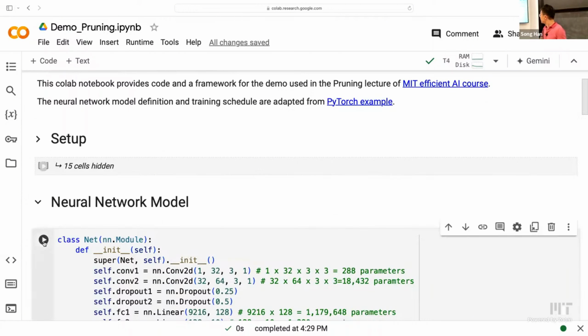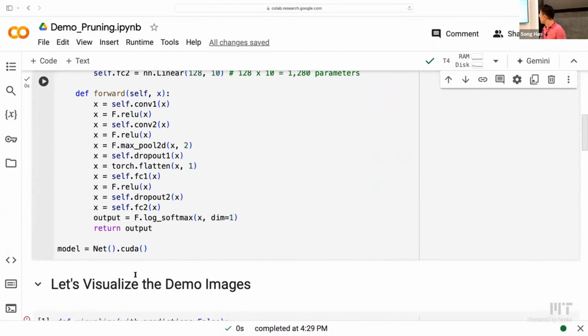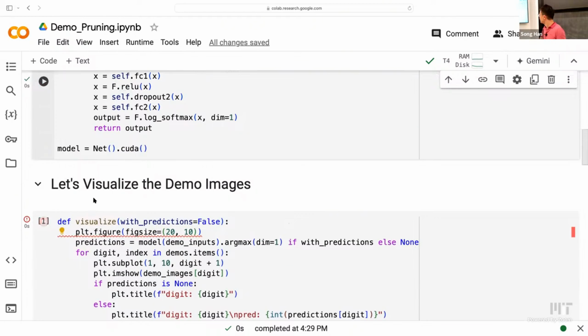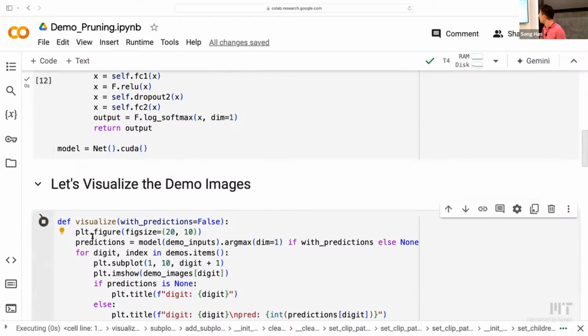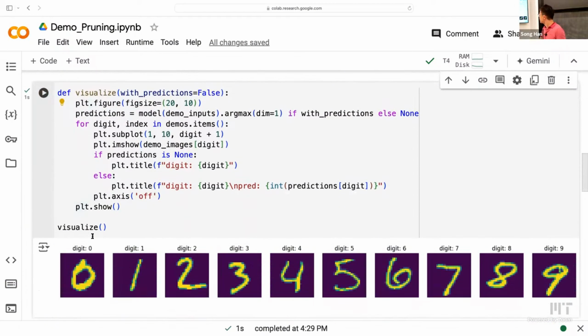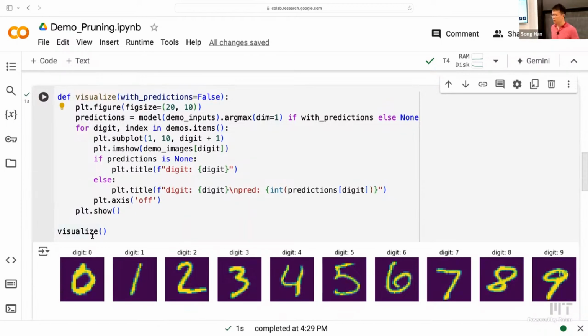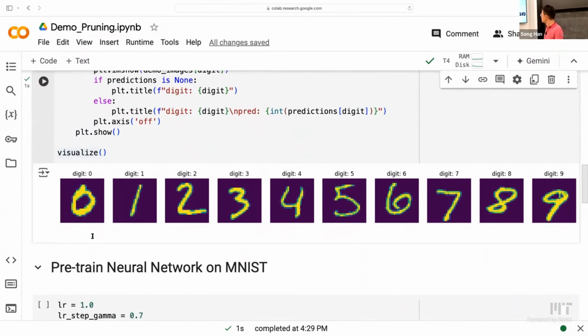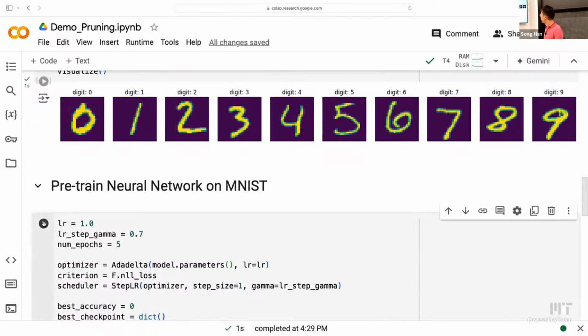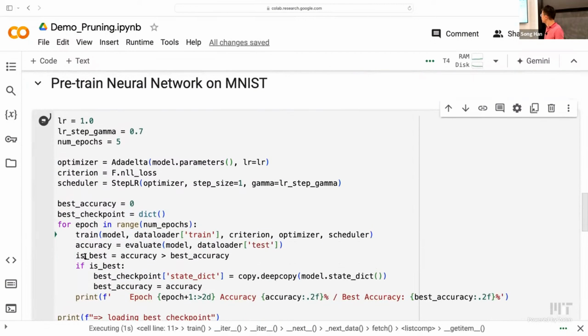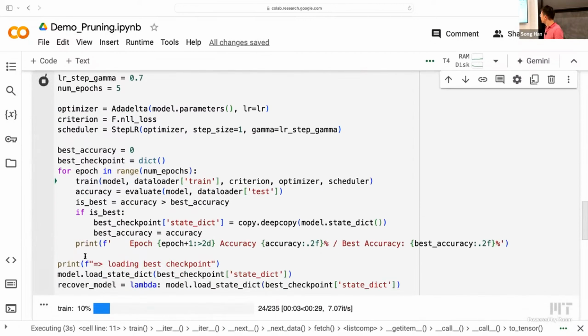We run the setup and prepare the neural network model, and then let's visualize the images. Now we have 10 digits to classify. Then we are going to train the neural network on the MNIST data set.